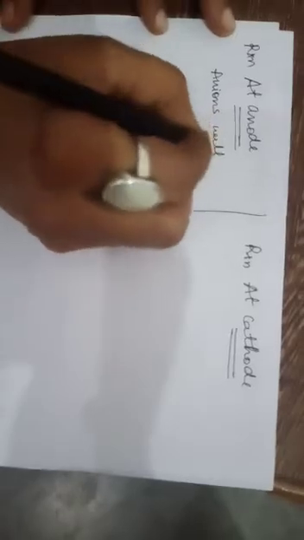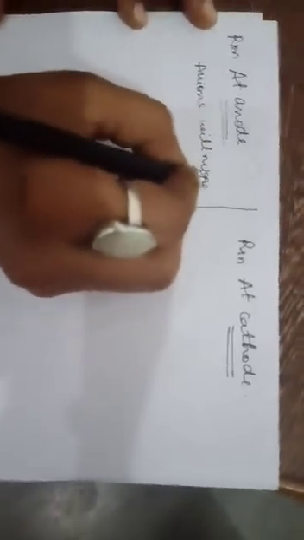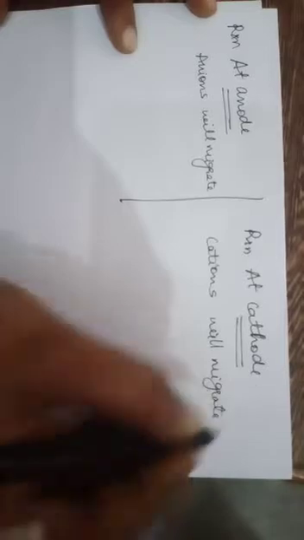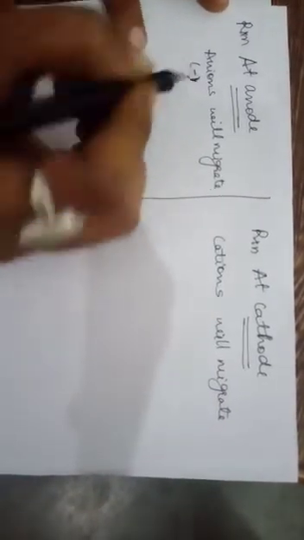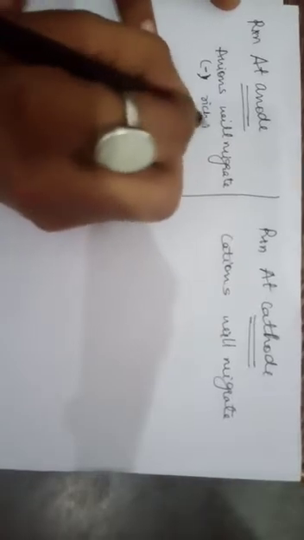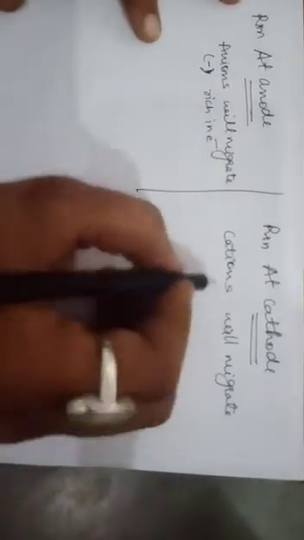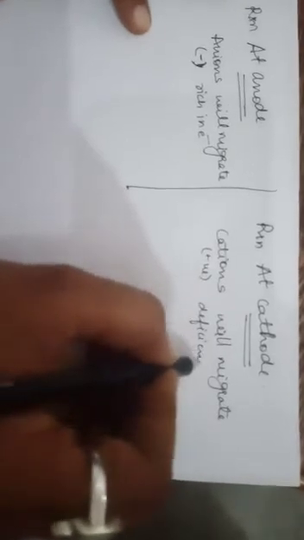Who will migrate at the cathode? Cations will migrate. Now you need to remember, anions are negatively charged, so they are rich in electrons. Cations are positively charged, so they are deficient of electrons.